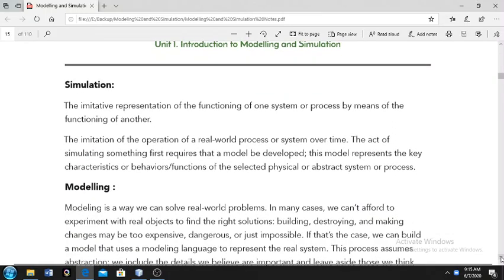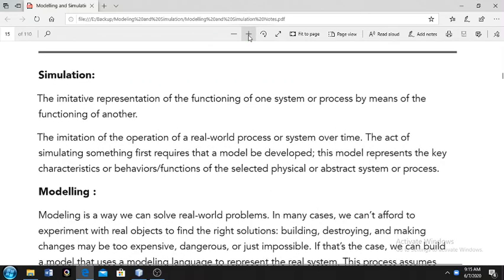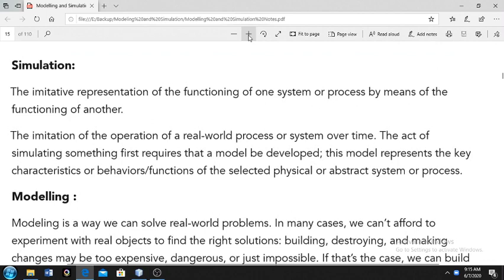Now, what is a simulation? Let's try to have a definition of simulation. Simulation is the imitative representation of the functioning of one system or process by means of the functioning of another.